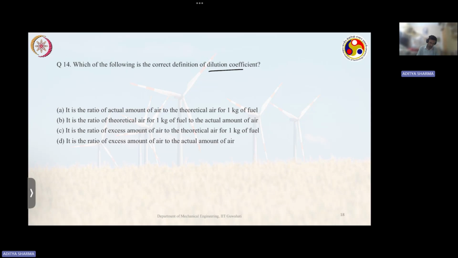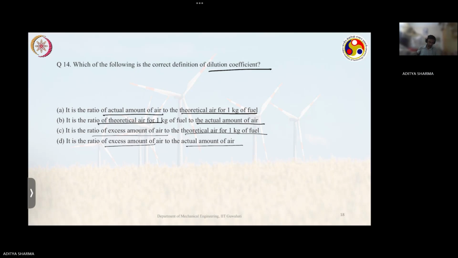So it's a ratio of air to fuel, yes. So which is the correct option?